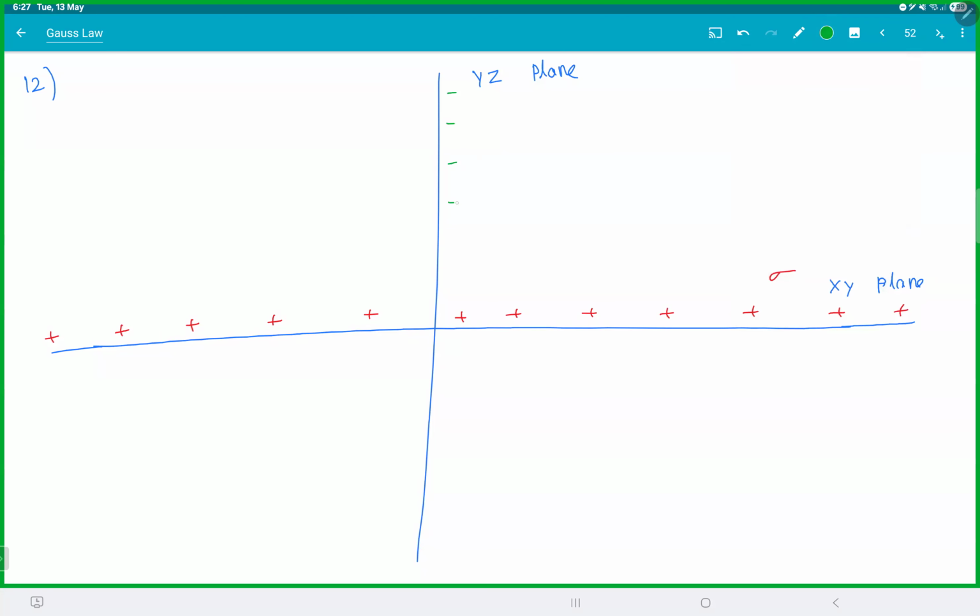Let's say this is negative, minus 2 sigma. So there are two infinite sheets along the XY and YZ plane. Can you draw the field lines and the equipotential surfaces?